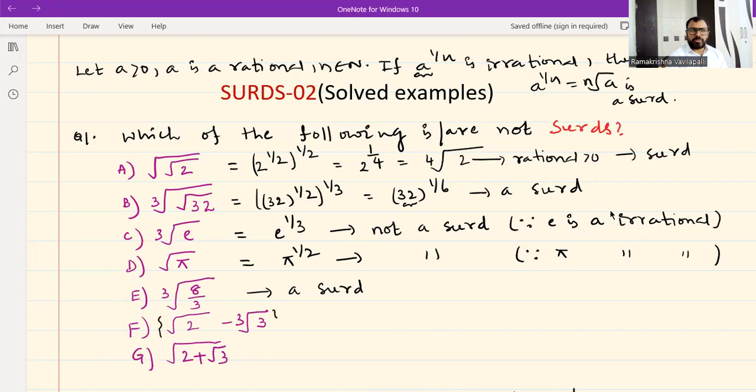And cube root of 3 is a SURD. Difference of two surds is a surd. Sum of two surds is a surd. So therefore, you can say this is a surd, since root 2 and cube root of 3 are both surds.